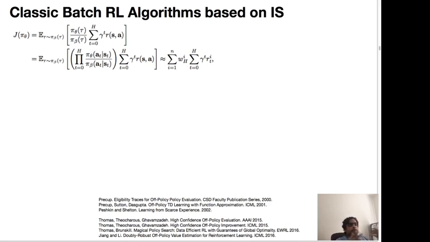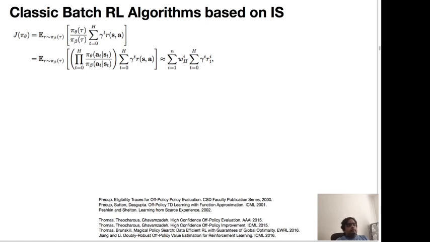You simply sample trajectories from pi beta, but then correct for the returns using the density ratio pi theta of tau by pi beta of tau. And since you can decompose this distribution over a trajectory into independent distributions over current actions given the current state, you can write it down as the expression shown in the second line.